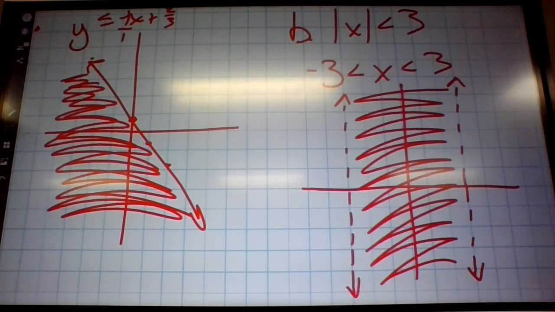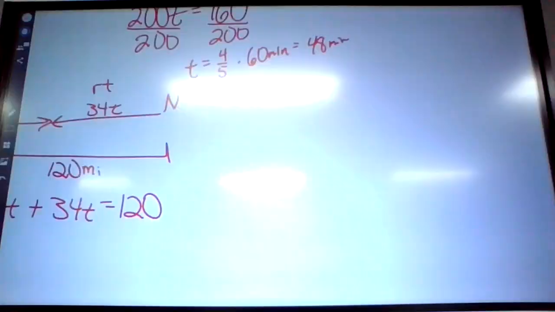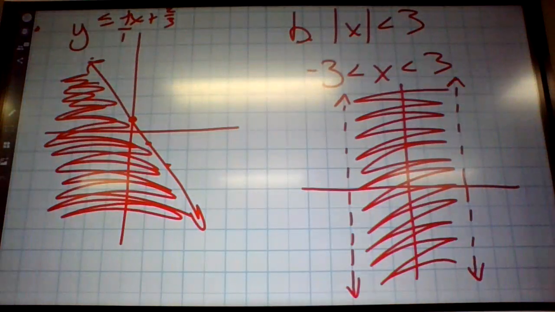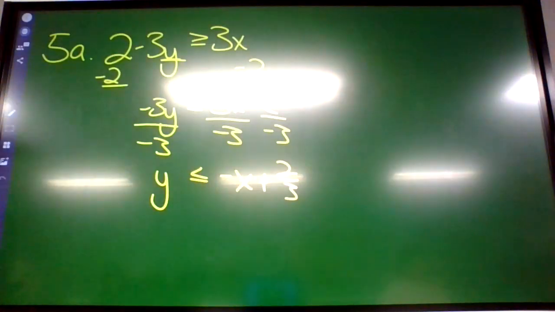No, it does not. It's the vertical line at 3, negative 3.